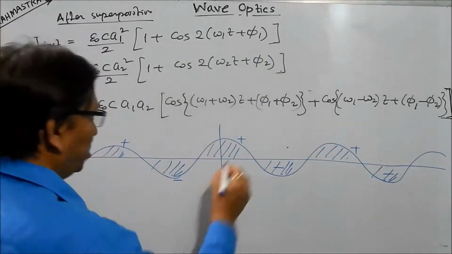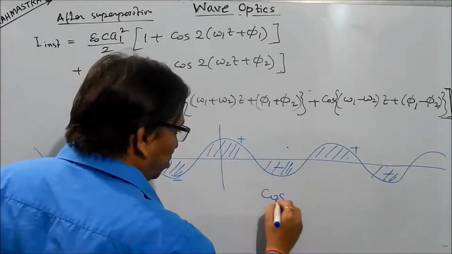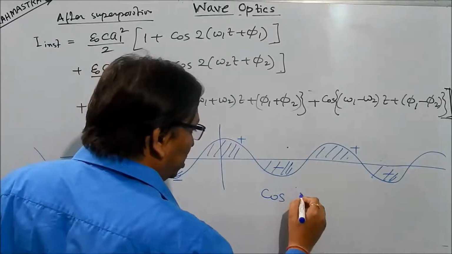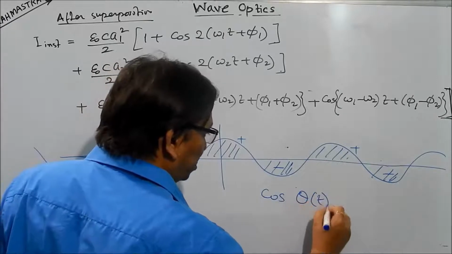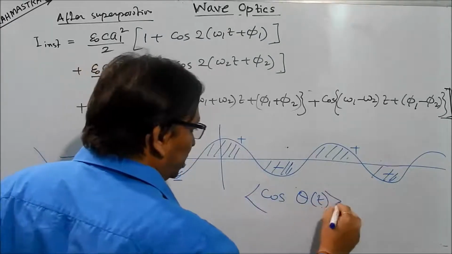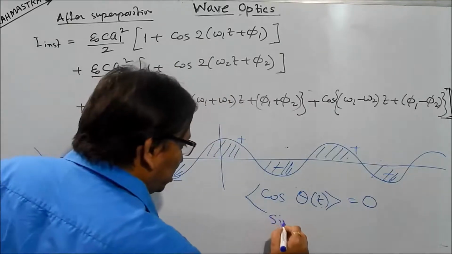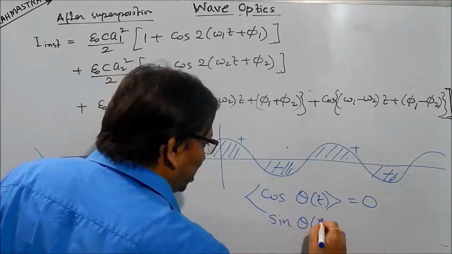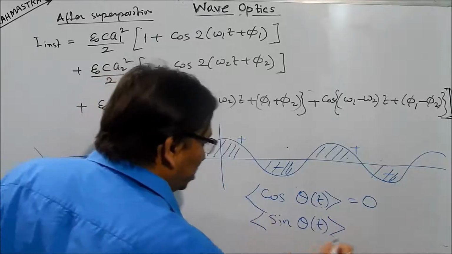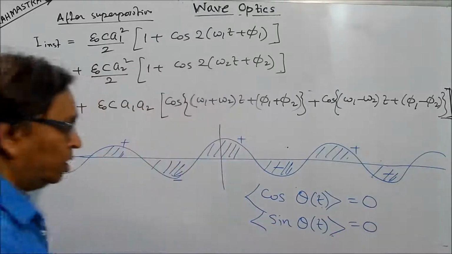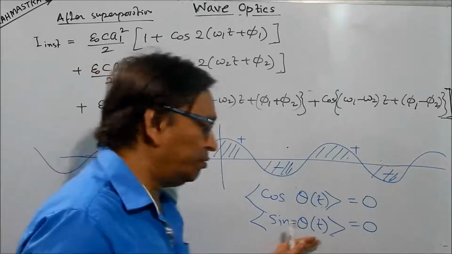That means it should be in the format of cos of theta, where theta is a function of time. So the average of this will be equal to 0, and if you say sine of anything which is a function of time, its average will be 0. So this theta should be a function of time.